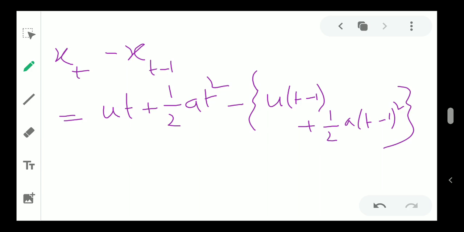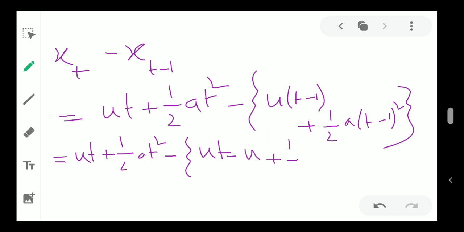So if I just calculate this, I will be getting ut plus half a t square minus ut minus u plus, this will be half a t square. I am expanding directly, okay, you can do it in your copy to check. This will be 2t minus 2t, so that will go away, so at, and this will be minus a by 2.